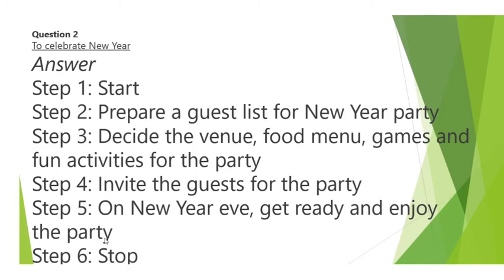Here we have completed our algorithm in 6 steps, and if you want to include any other activity or events in this celebration, it may increase, and it can be more than 6 or 10 steps.